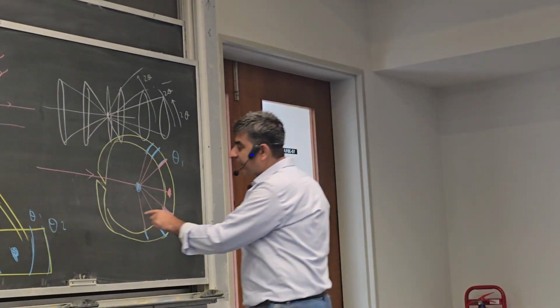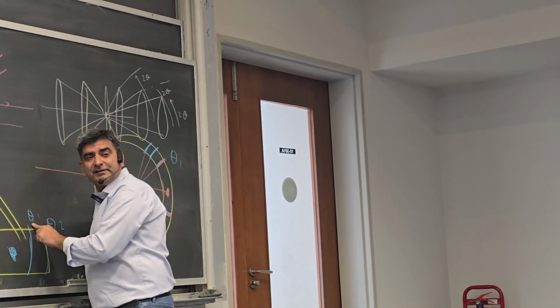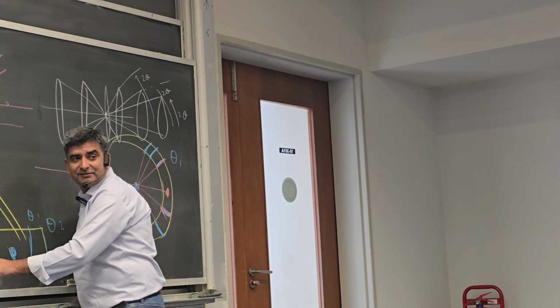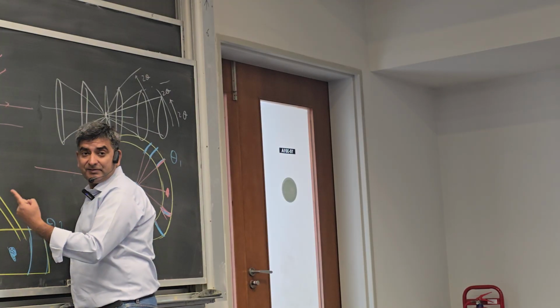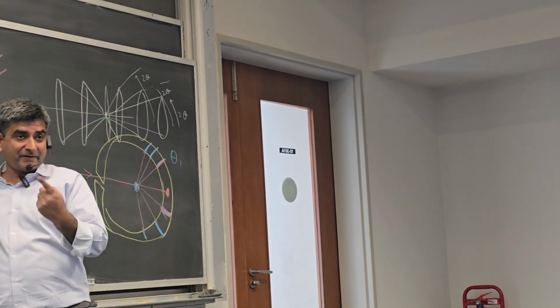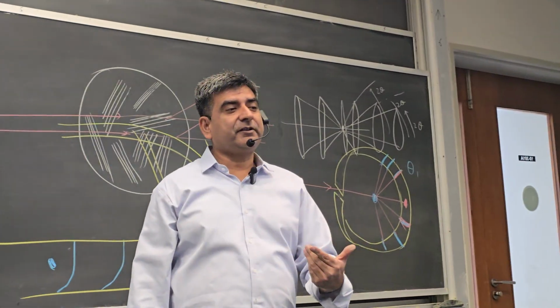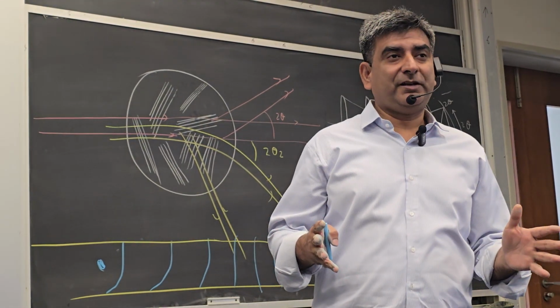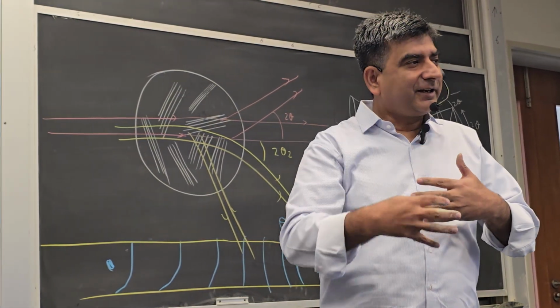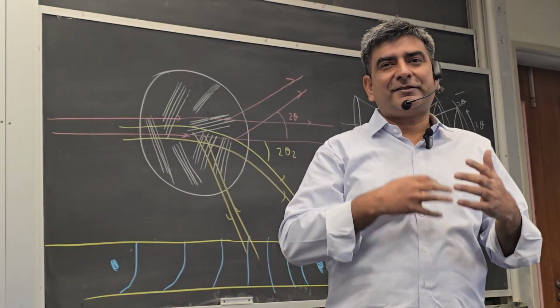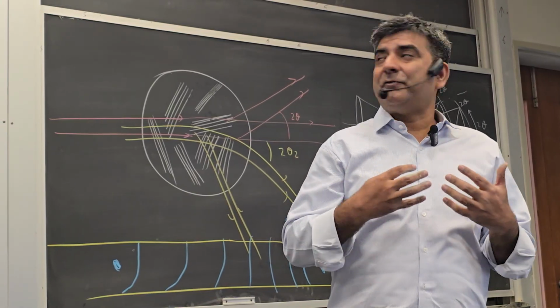So by measuring these angles, thetas, at which reflection occurs, since you know the wavelength lambda of the X-rays already, you can infer what the d's are going to be. And then from looking at all the data, you can tell whether it's cubic, tetragonal, and so on.